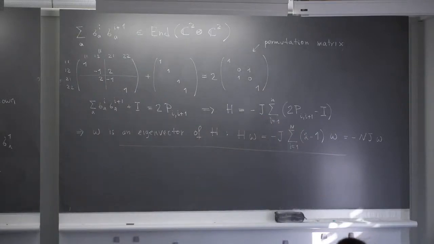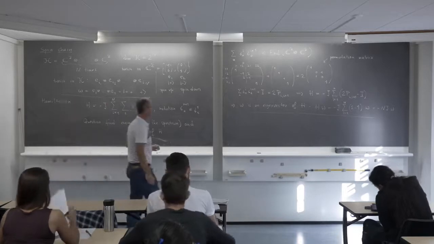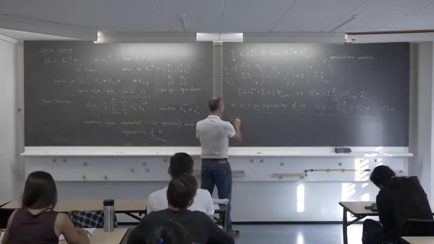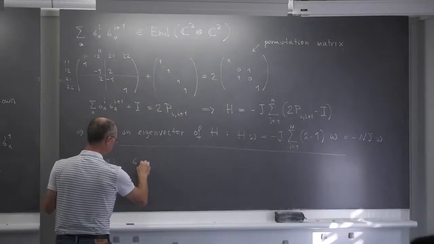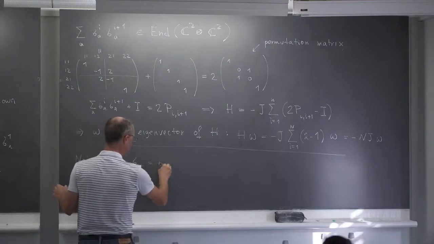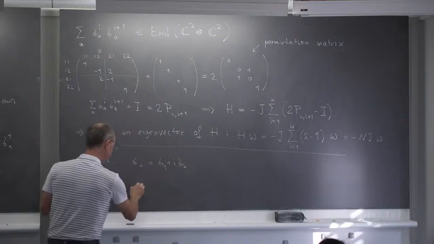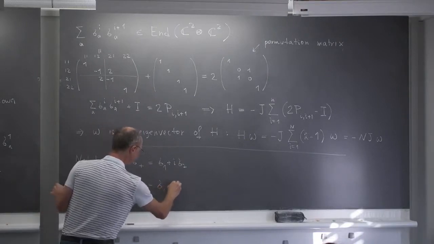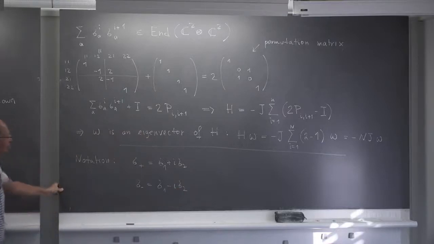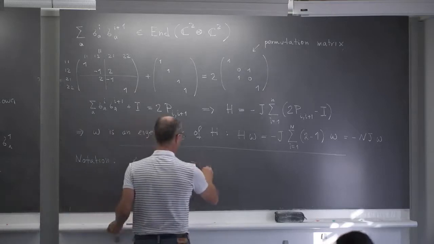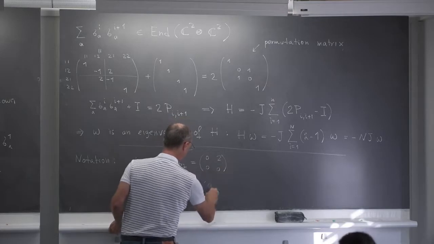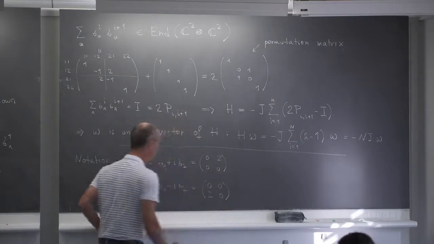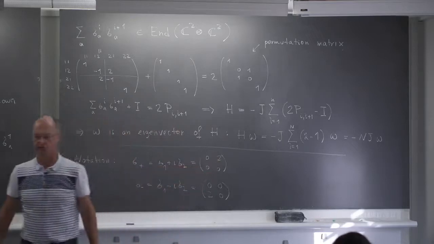Okay, so maybe the last thing I want to introduce is a small piece of notation. Let me introduce the combinations of the Pauli matrices, sigma 1 plus or minus i sigma 2, and these are simply upper and lower triangular matrices, and if I'm not mistaken, the value will be equal to 2.